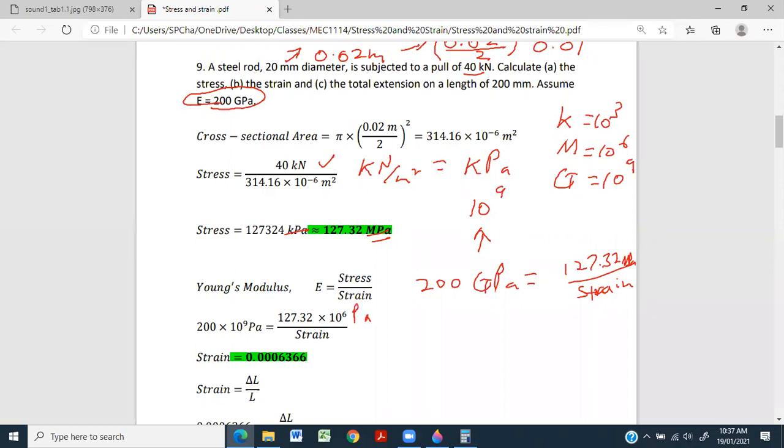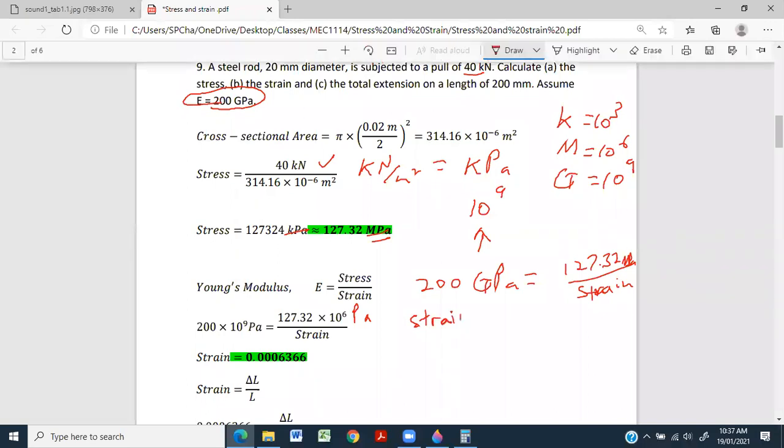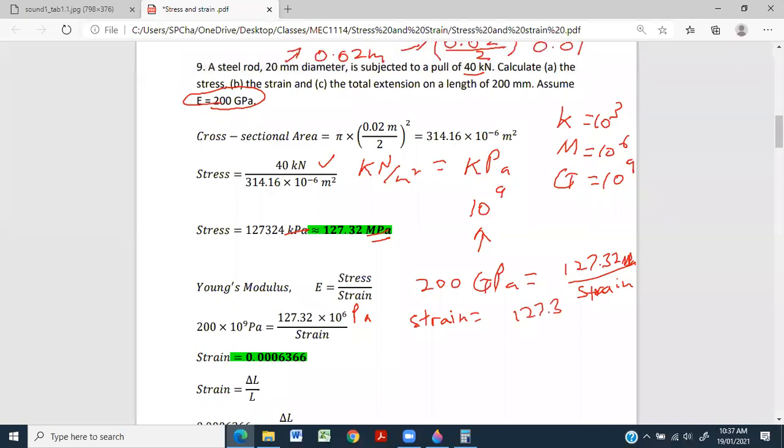Solving for strain, we get strain equal to 127.32 divided by 200.